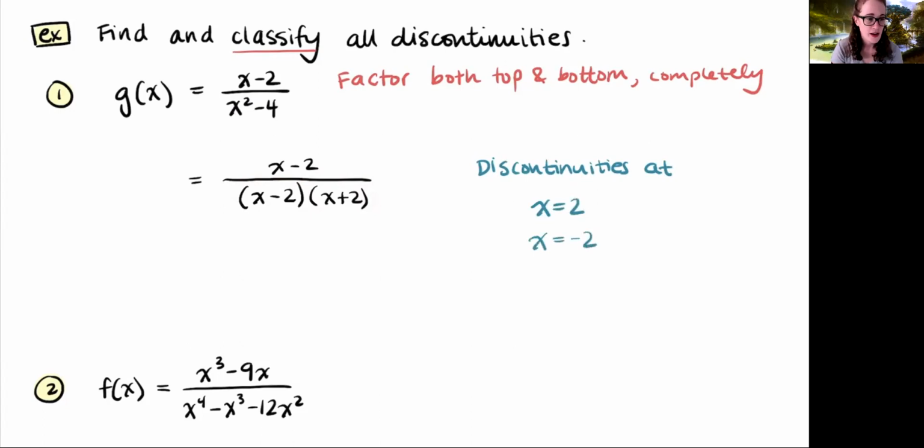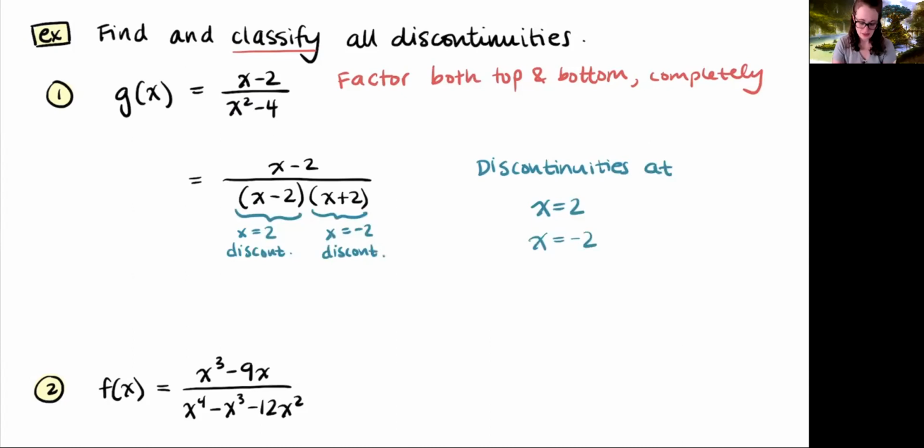Okay, so remember that removable means essentially that you can cancel out that factor. So where is the x equals 2 coming from, right? That, of course, is coming from here. And then here we have the discontinuity of x equals negative 2.